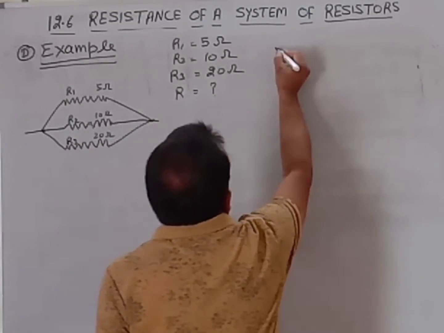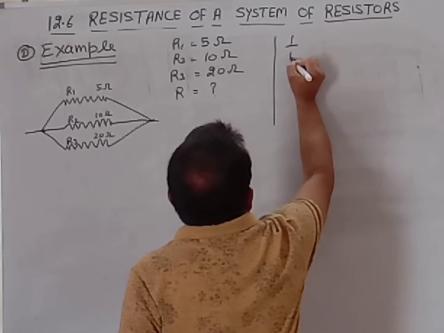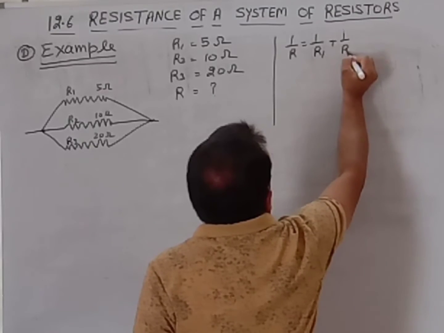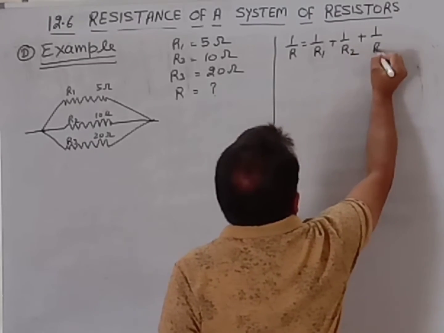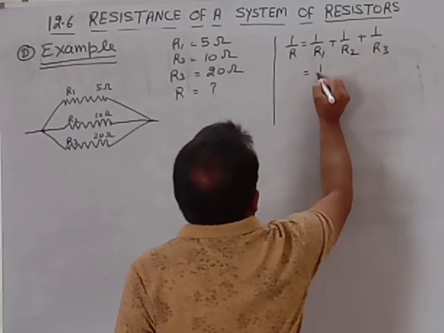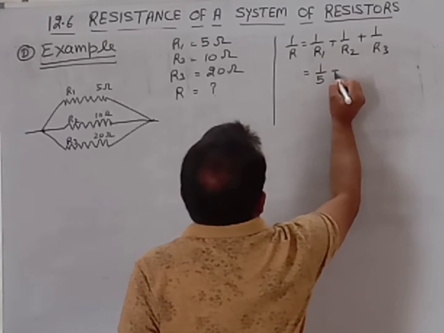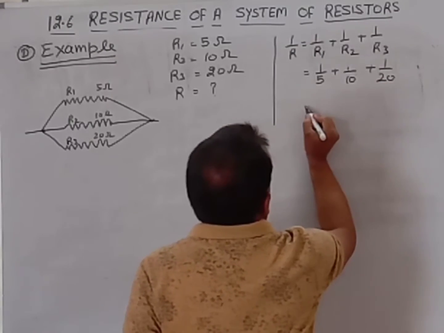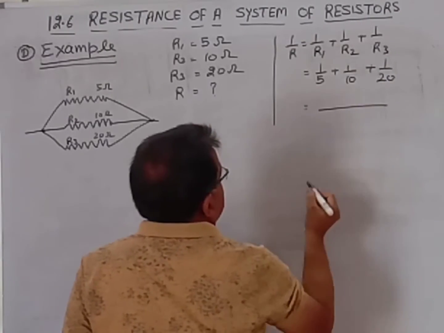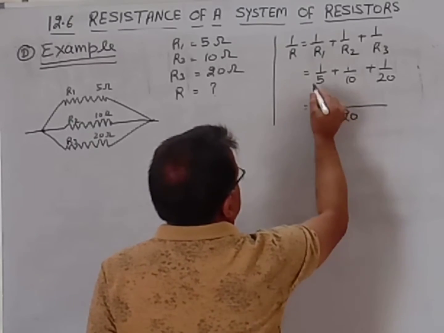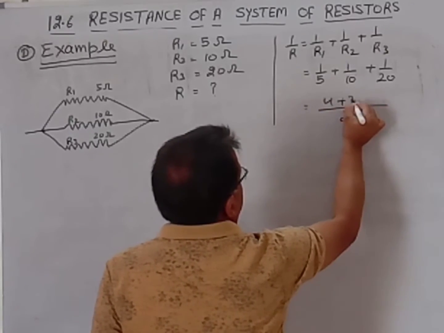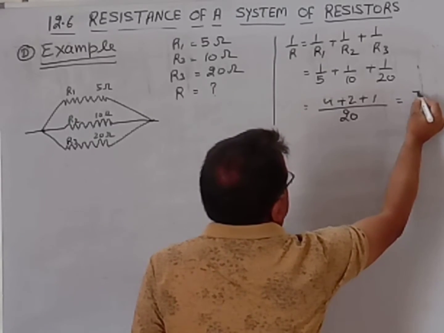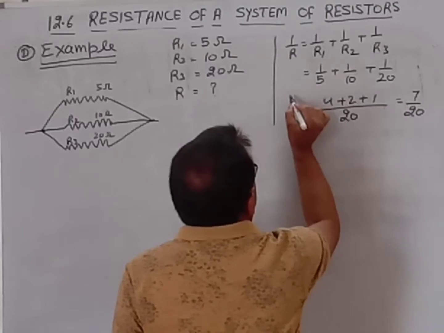So here we can write 1 by R is equal to 1 by R1 plus 1 by R2 plus 1 by R3. That is 1 by 5 ohm plus 1 by 10 ohm plus 1 by 20 ohm. Their LCM is 20. 4 plus 2 plus 1, that is 7 by 20 ohm.